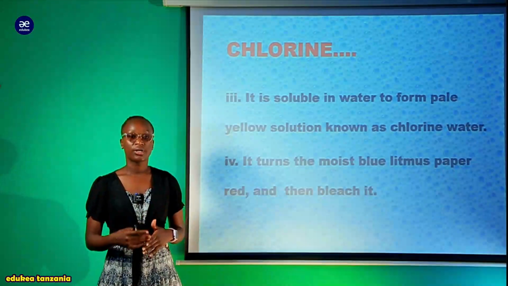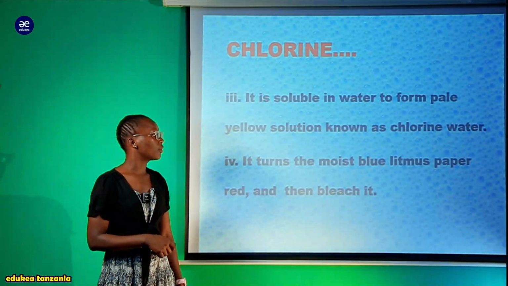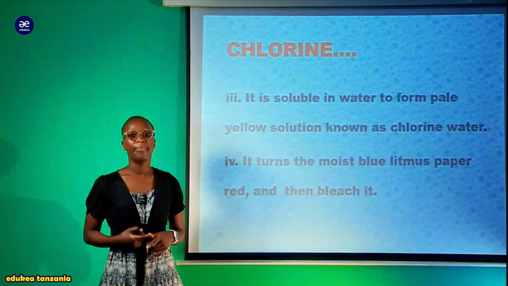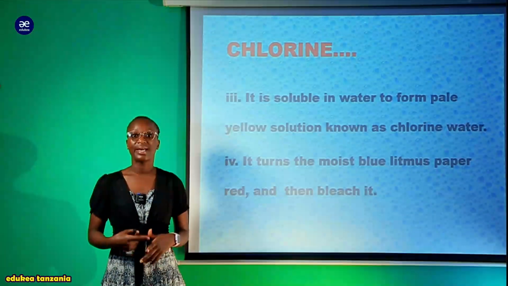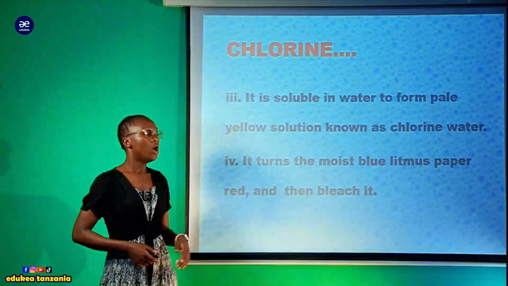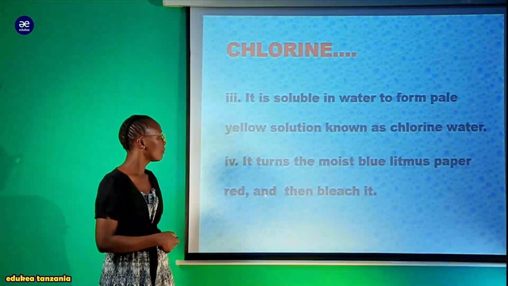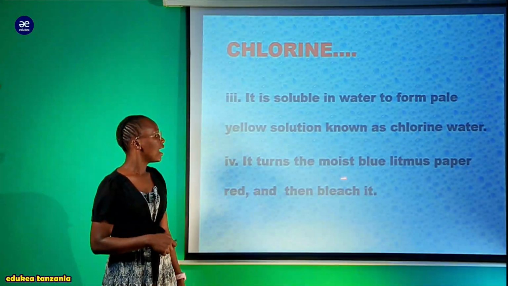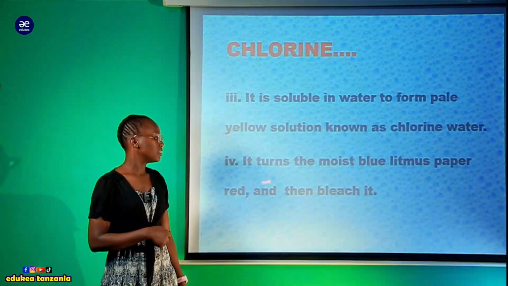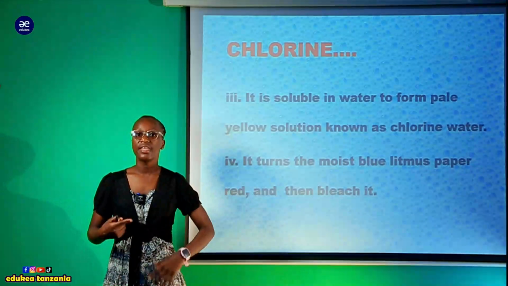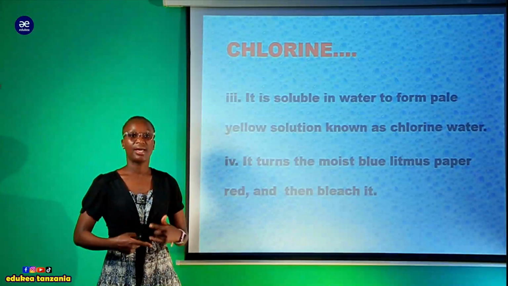Maana yake rangi ilikuwa blue kwenye litmus, kwa sababu litmus paper inaact as indicator to determine the color change of the reaction. So wakati tunafanya observation, tunaona physical, kwamba it turns the moist blue litmus paper red and then inafanya bleaching, bleaching mechanism.